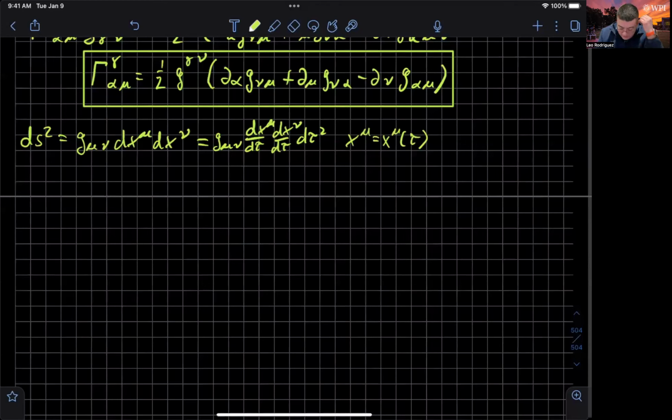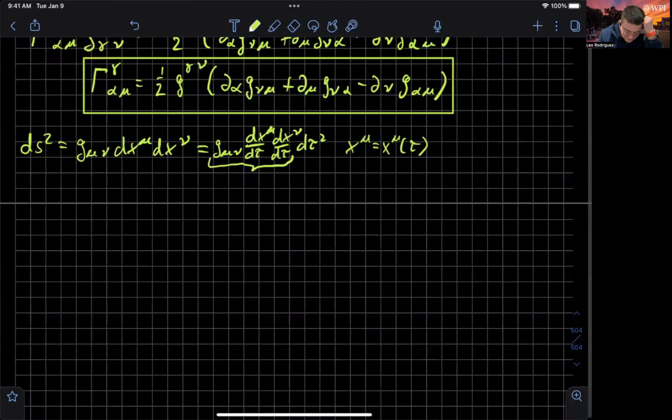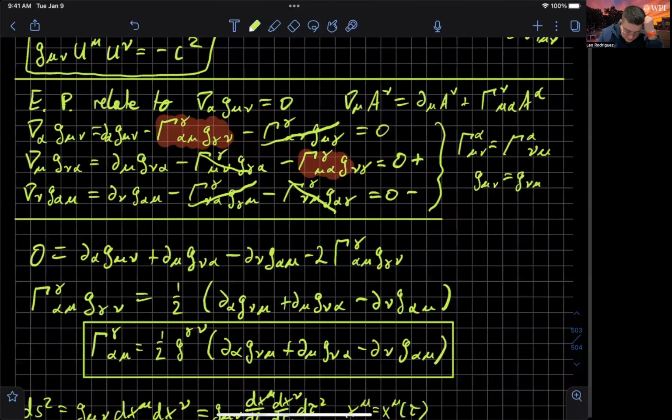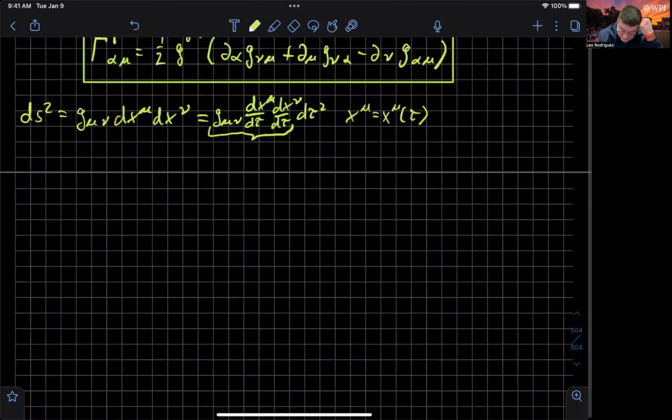I know this here is an invariant, right? That's what we have up here. Okay, so I know it's minus c squared.